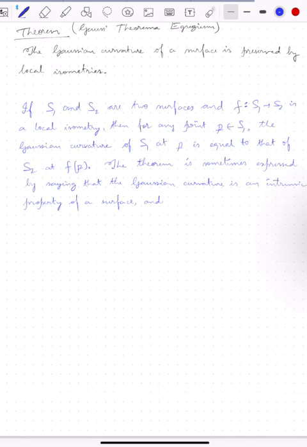Note the keyword here is intrinsic, for it implies that the Gaussian curvature could be measured by a bug living in the surface, right?